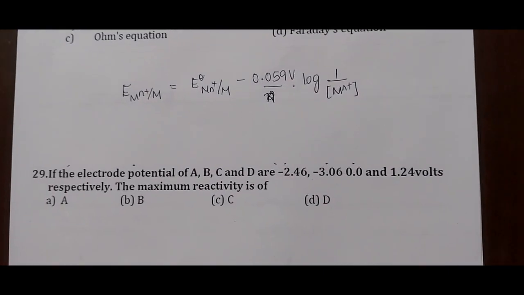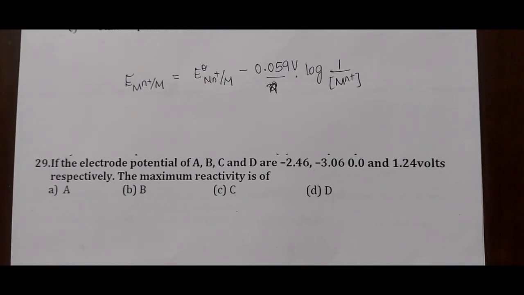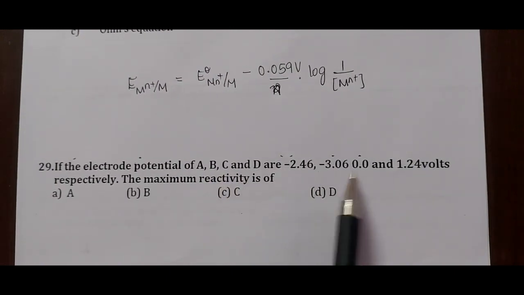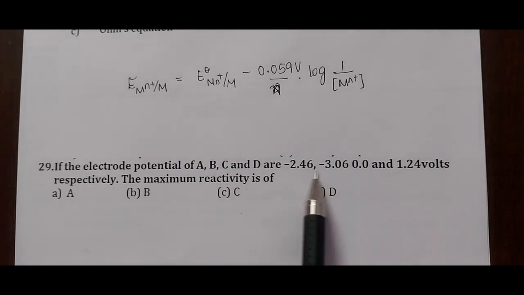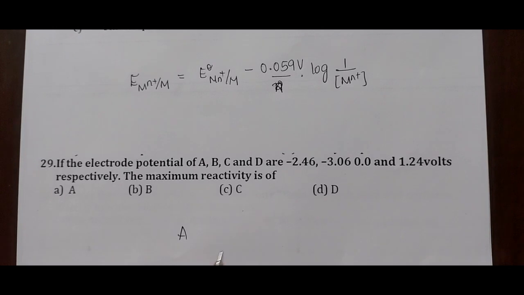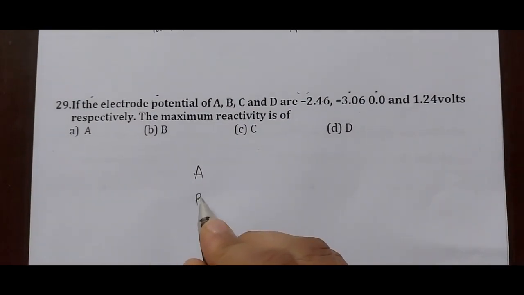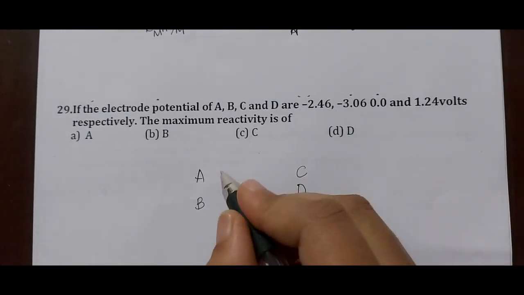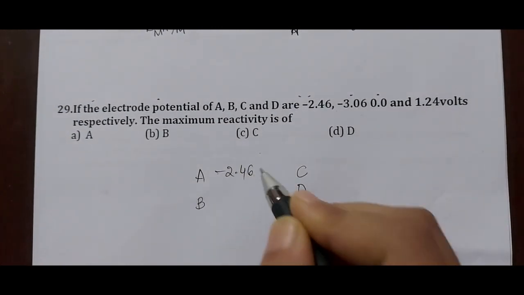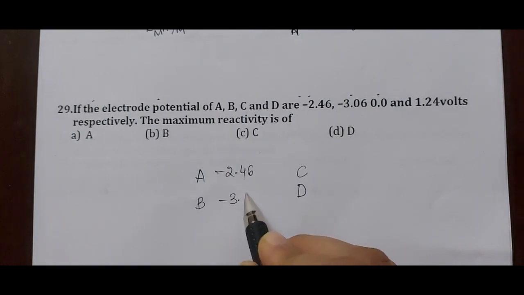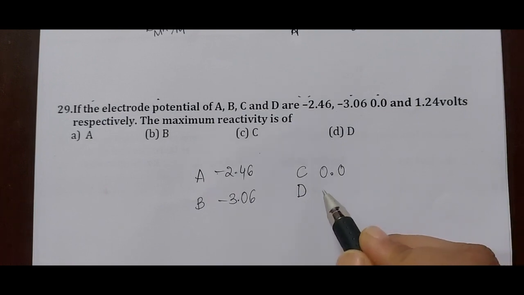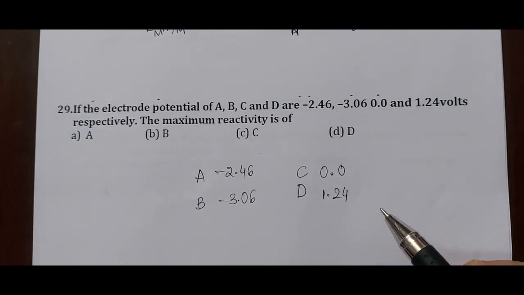Question number 29. If the electrode potentials of A, B, C and D, they have given E naught values: the value of A is minus 2.46, B is minus 3.06, C is 0.0 and D is 1.24 volt.